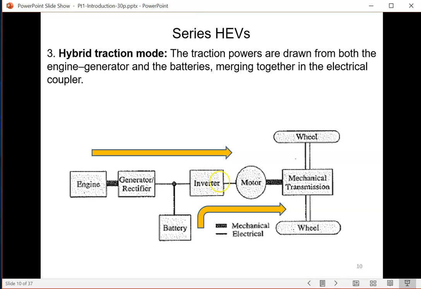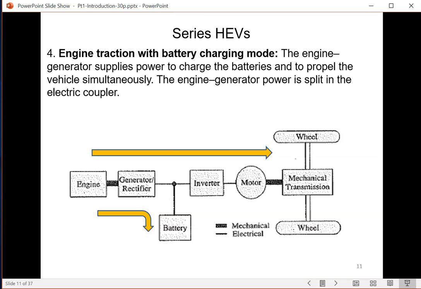But again, they are converted. The energy from the engine is converted into electrical power first, and the battery, of course, stores the electrical power. That's the third mode. The next mode is when the vehicle is cruising. When the vehicle is cruising, it doesn't need a lot of power, just enough to keep the vehicle going.